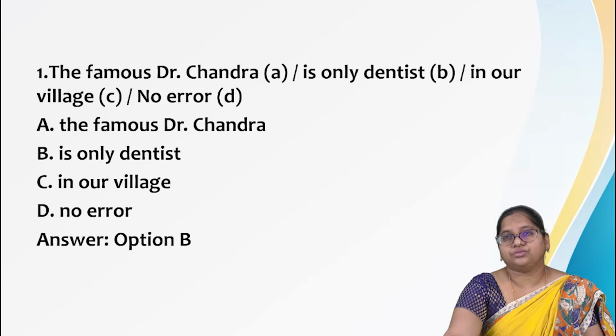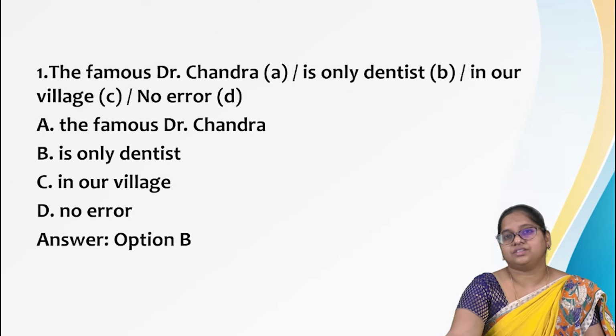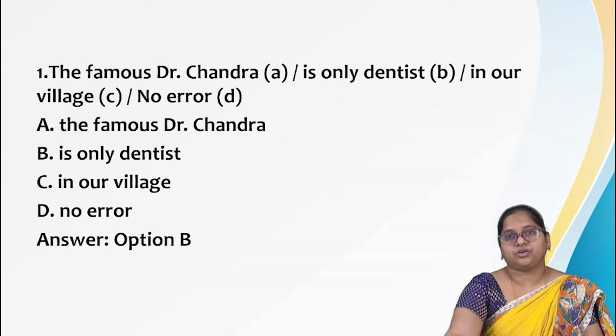So you can choose that as the right answer. The famous Dr. Chandra is only dentist in our village: what is wrong? "Is only dentist" is wrong. "Is the only dentist" you can select. That is the mistake, and you can select that option as the right answer.